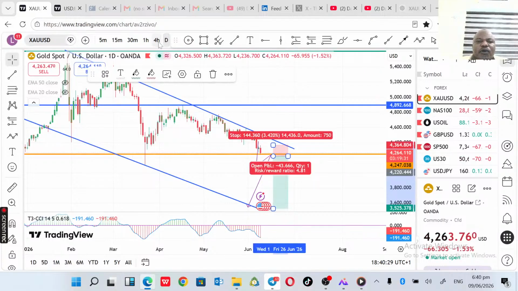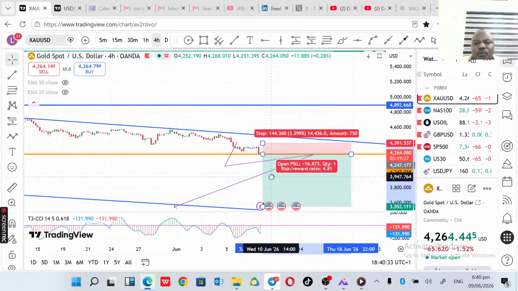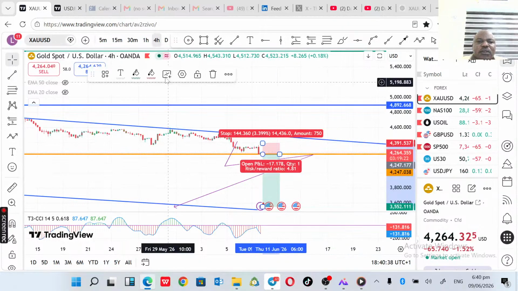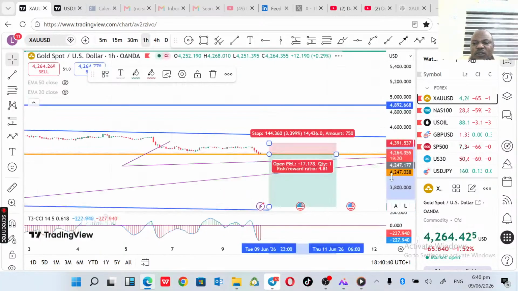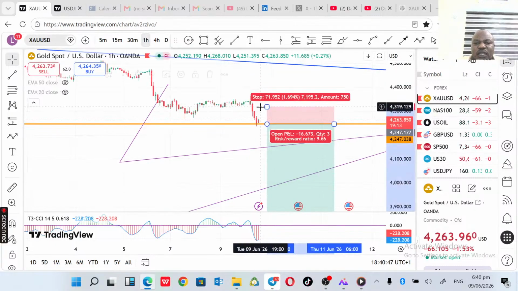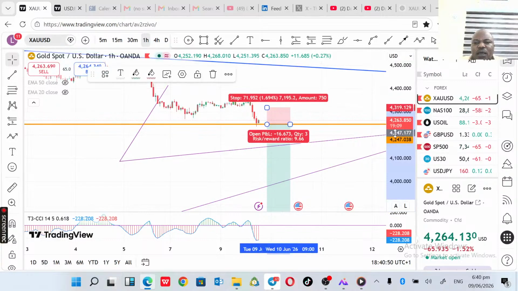On our 4 hours anyway, not on the daily. So we can look at it within 4 hours or 1 hour entry level. If we are to consider 1 hour, we have this as our analysis.